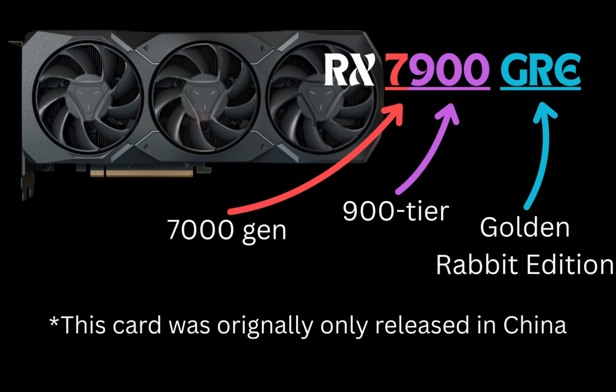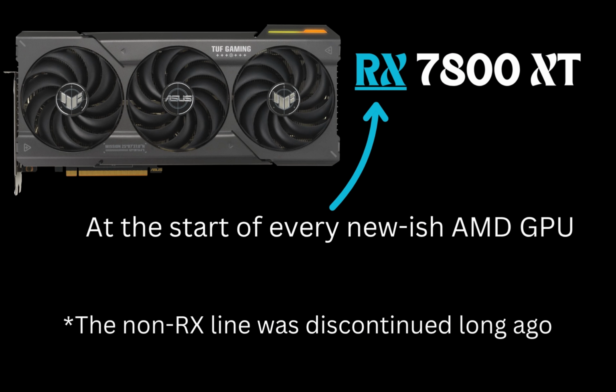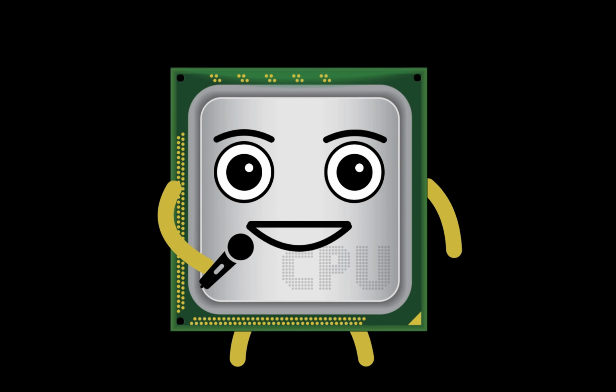GRE stands for Golden Rabbit Edition, a special edition variant, often with unique features or enhanced performance, like the 7900 GRE. RX is the prefix used for all modern AMD Radeon GPUs. Here's a little tip when buying AMD GPUs. The more X's it has in its name, the better the performance of the card.